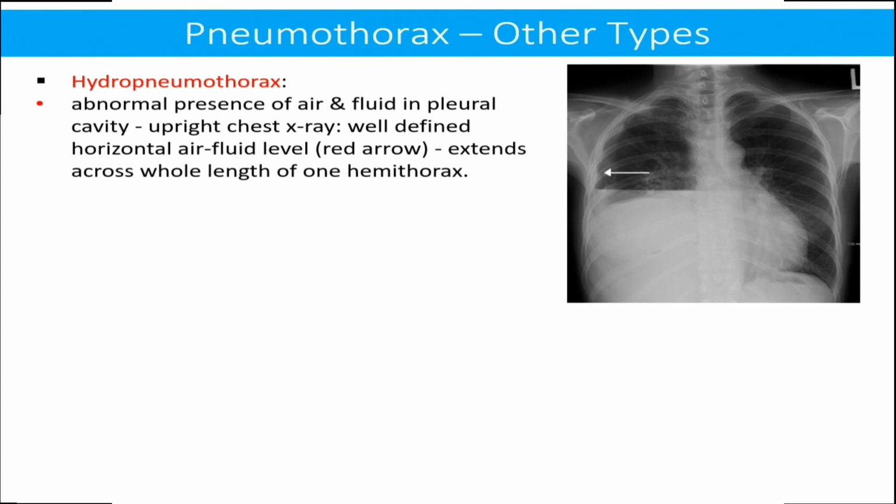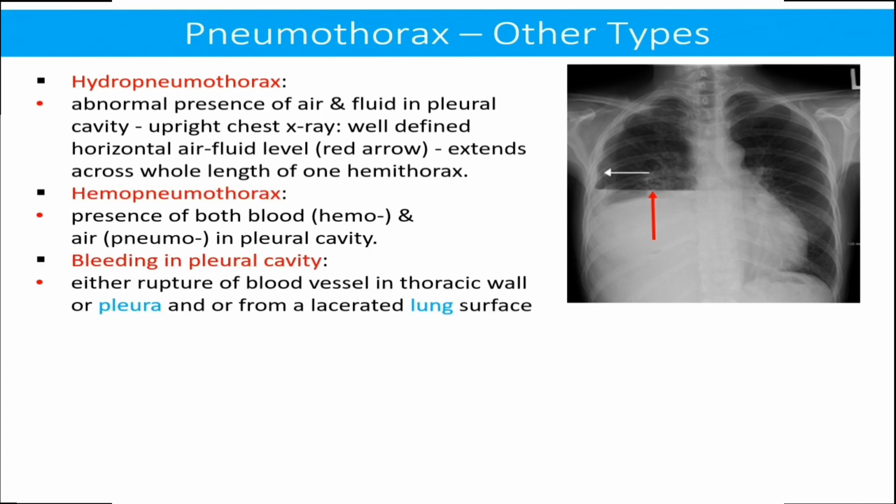Hydropneumothorax, abnormal presence of air and fluid in pleural cavity, which on upright chest X-ray shows well-defined horizontal air fluid level which extends across whole of the length of one hemithorax.